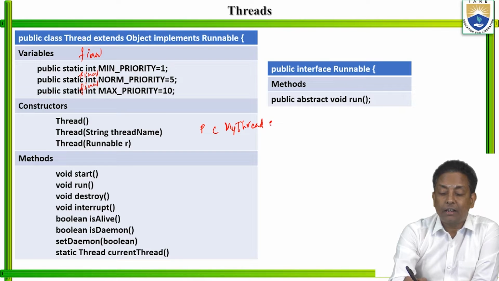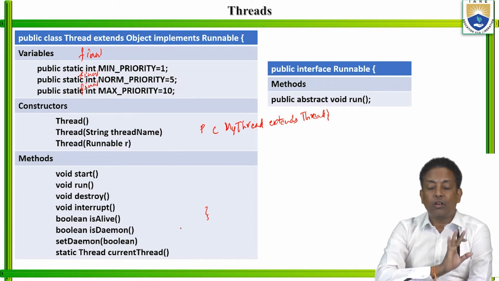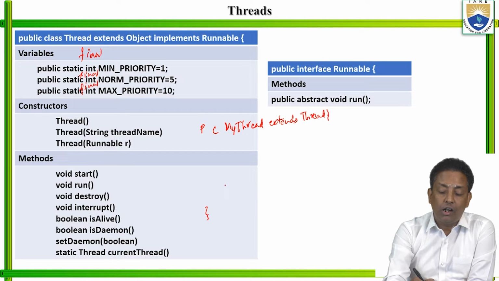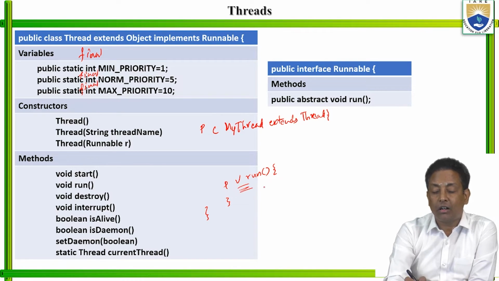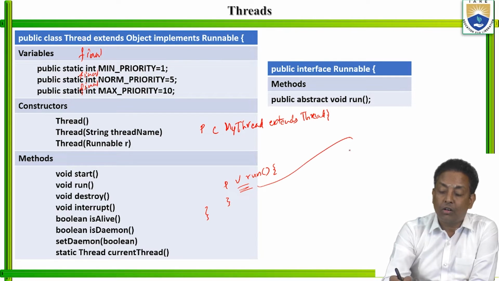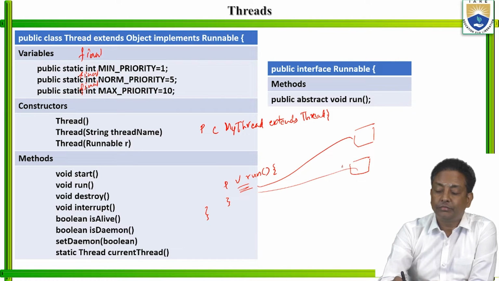If you write public class MyThread extends Thread, and if you write a normal thread class, mostly what we'll do is in the thread subclass, we'll implement the run method and concentrate on writing the logic here, which is not recommended, or from here we'll call different methods on a class whose methods we want to run concurrently. So the run method will concentrate on that.